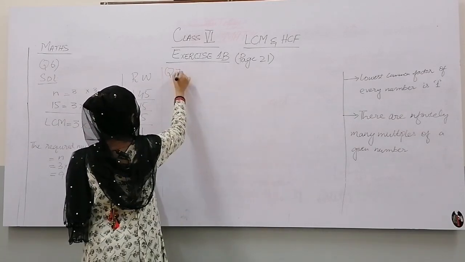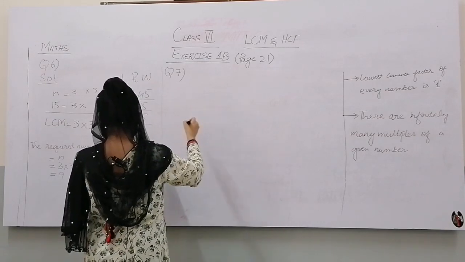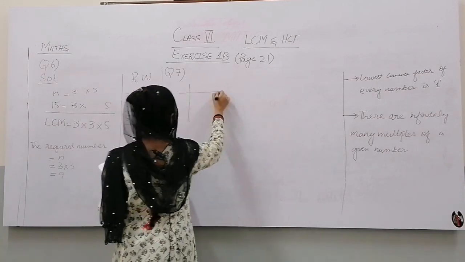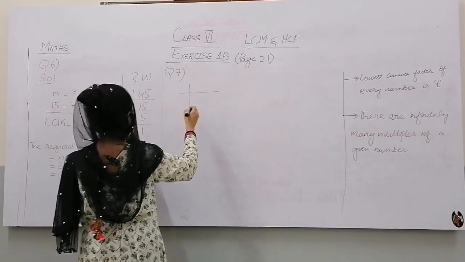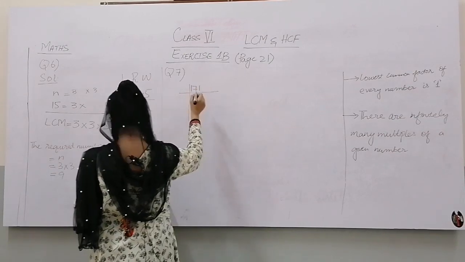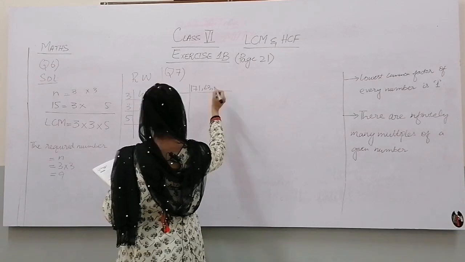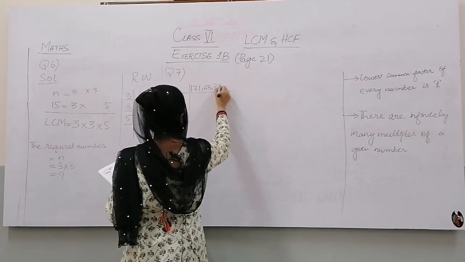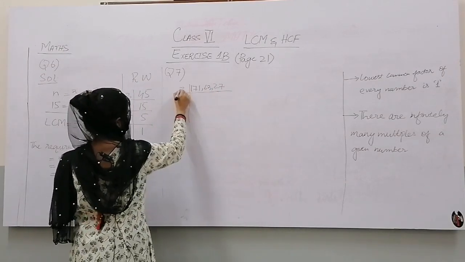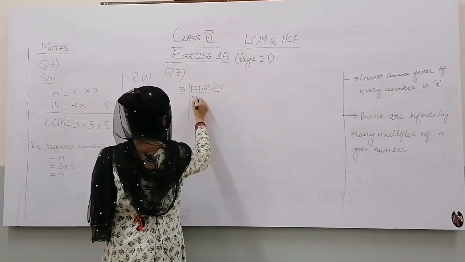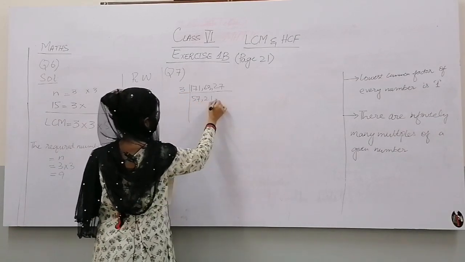Question 7. We have 3 numbers, 171, 63 and 27. 3 5s are 15, 3 7s are 21.